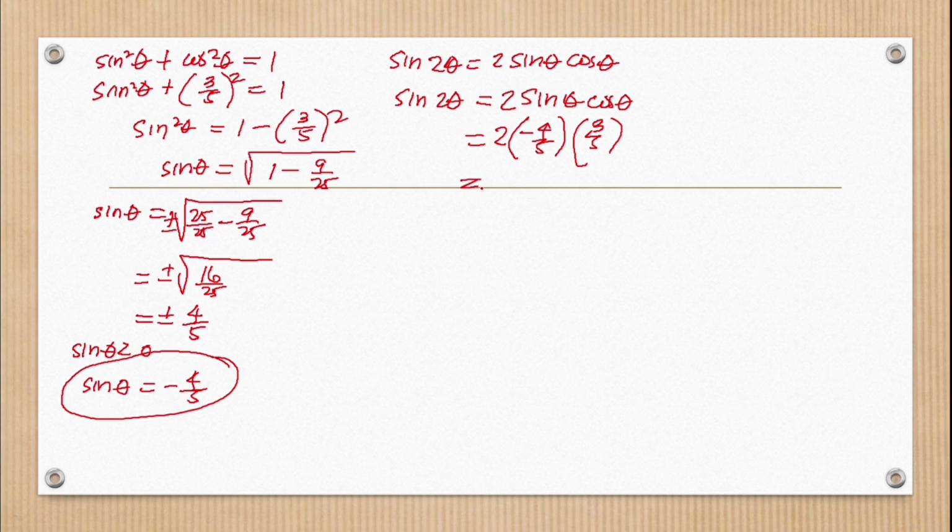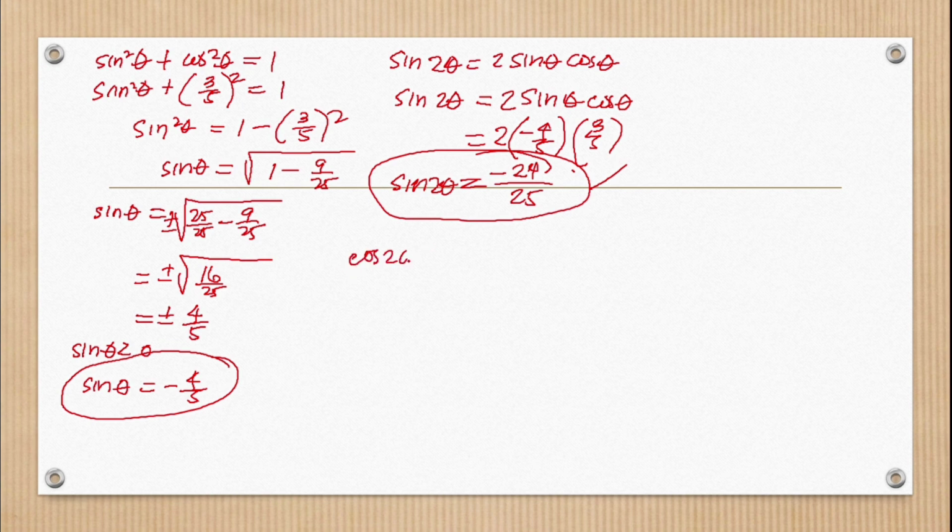So we have negative 4 times 3, 12, times 2, negative 24 over 25, because 5 times 5. So this is our sine 2 theta: negative 24 over 25. Check number 1.